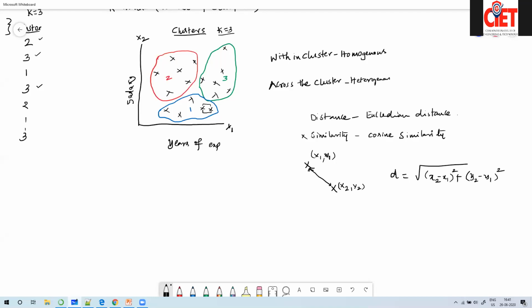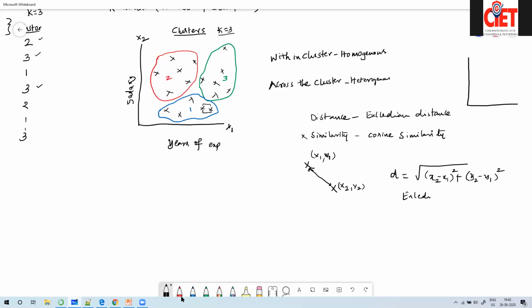To give you a brief description of how it would look if we use cosine similarity, this is how we generally measure it.